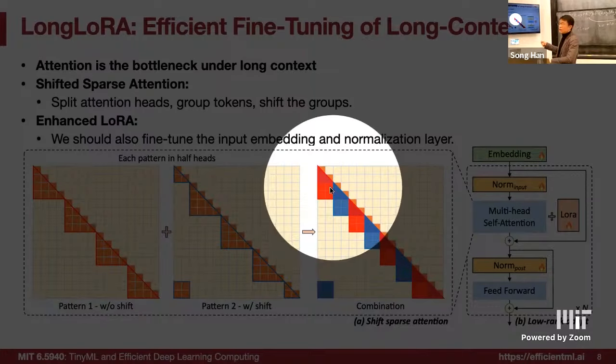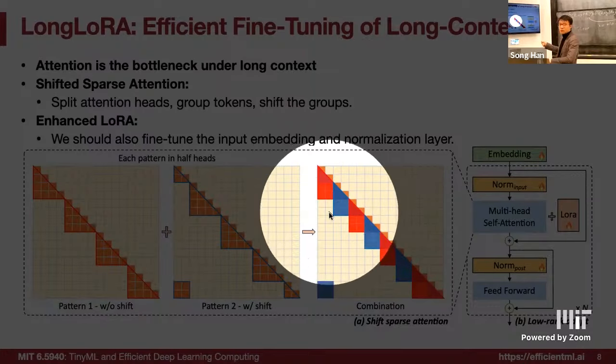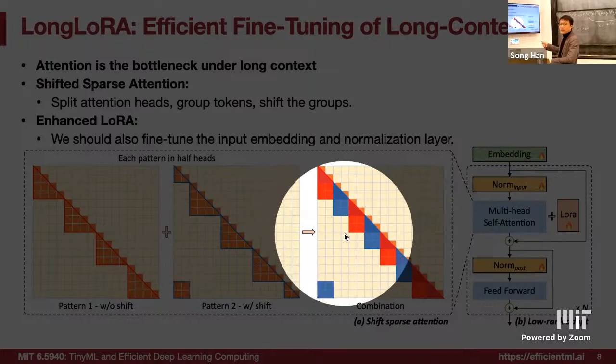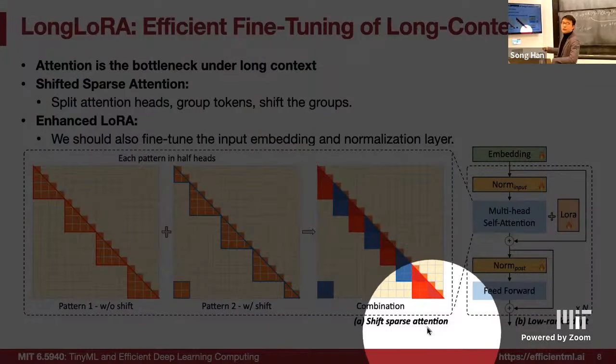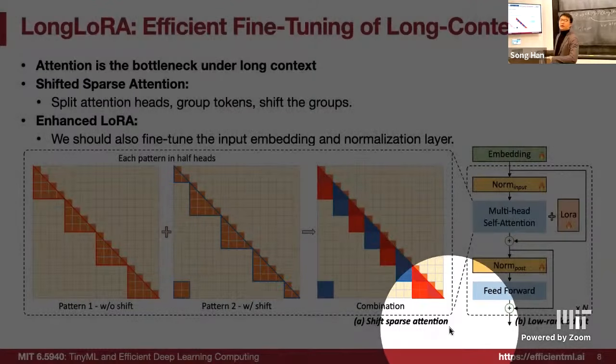And if you stack 2 layers, this red can talk to this blue, which can talk to this red. So such information mingling can actually propagate as you stack multiple layers. So that's using shifted sparse attention to simplify the attention mechanism.